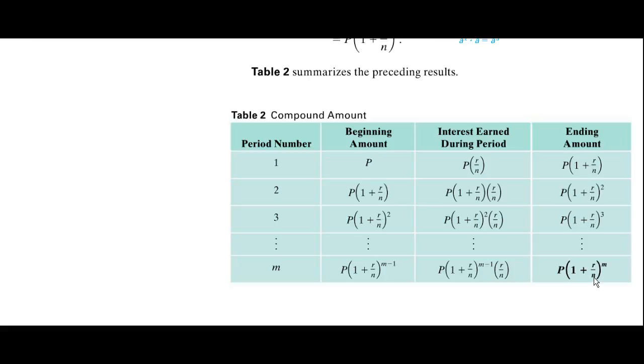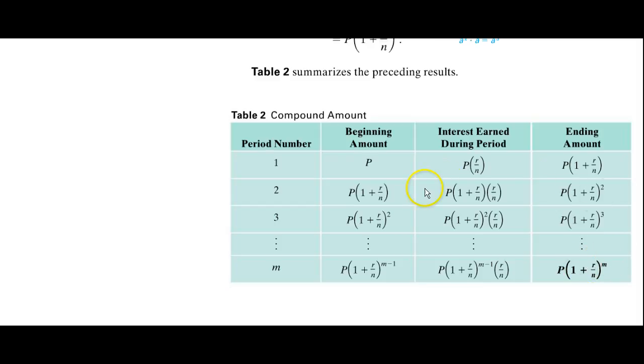So if it's semi-annually, n will be 2. If it's quarterly, n will be 4. Monthly, n will be 12. Now this m is significant because it's the product of this n down here times the time, the number of years. So we'll see that worked out in examples.